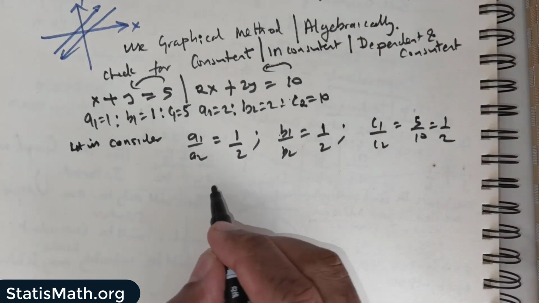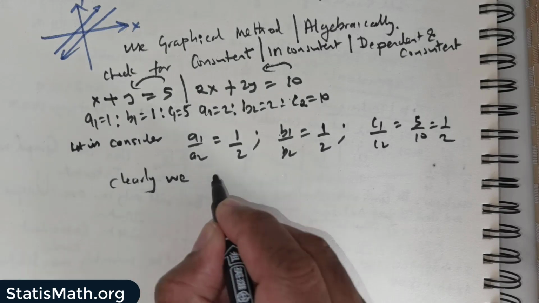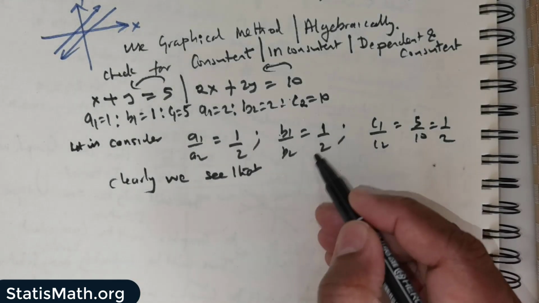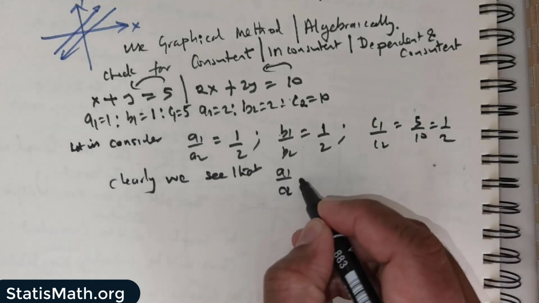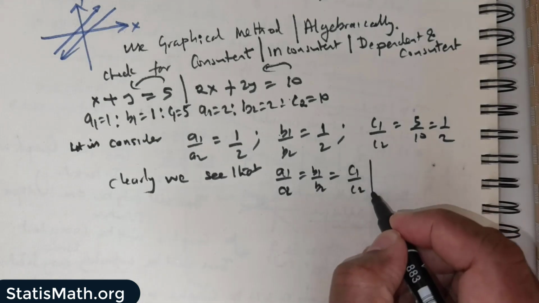Clearly, what do we see? a1 over a2 is 1 over 2, b1 over b2 is 1 over 2, c1 over c2 is 1 over 2. So a1 over a2 is equal to b1 over b2 is equal to c1 over c2. They are all equal.